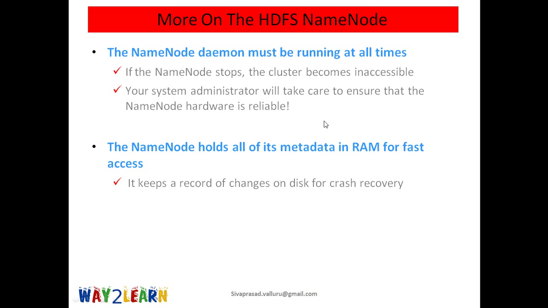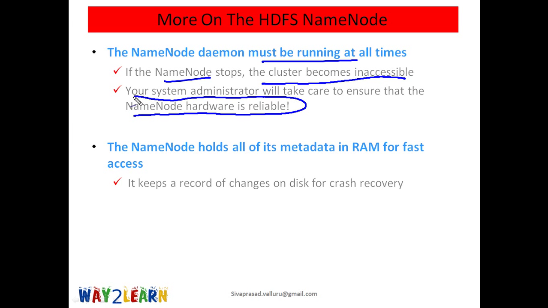So, a few more things on HDFS. The NameNode daemon must be running at all times. If the NameNode stops, the whole cluster is down and becomes inaccessible. You need to make sure that the NameNode is running all the time and that its hardware is reliable. So don't use commodity hardware for NameNodes.